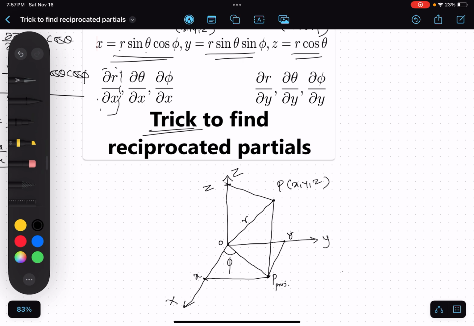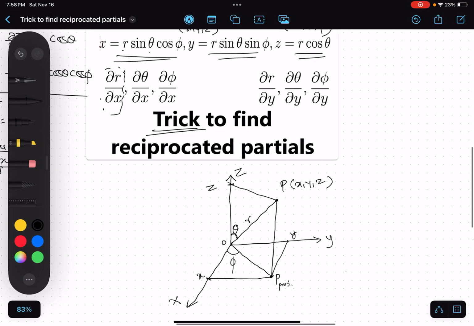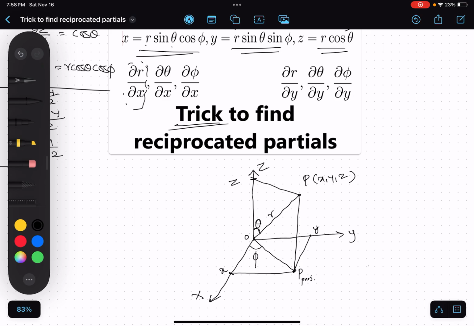And this r, the position vector of this point, let's say it makes an angle theta with the z axis. Now in this case, if you just use some trigonometry, so this point is in space, and it's making an angle of theta with the z axis.